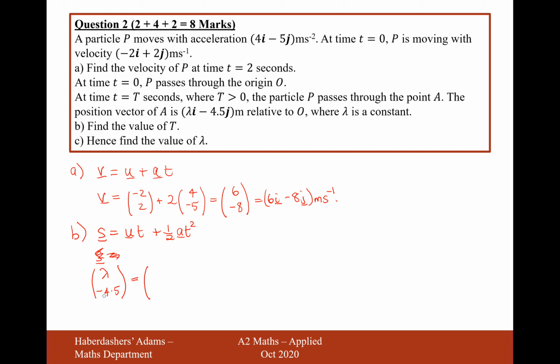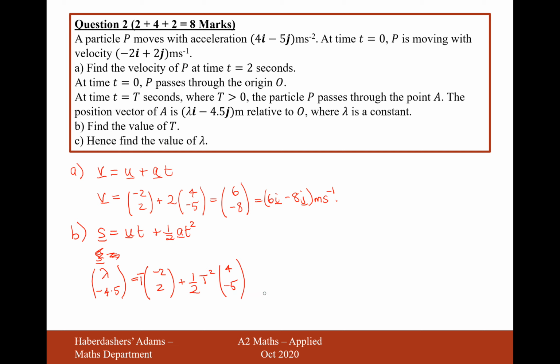So lambda i minus 4.5j equals u, the initial velocity, times the time, so t times minus 2i plus 2j, add a half t squared of the acceleration, which is 4i minus 5j.